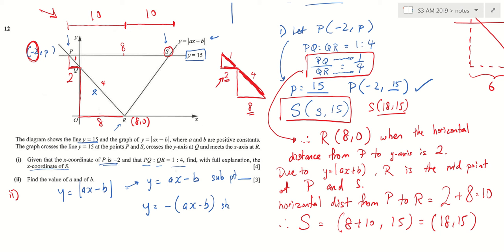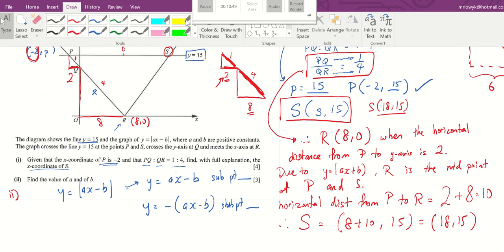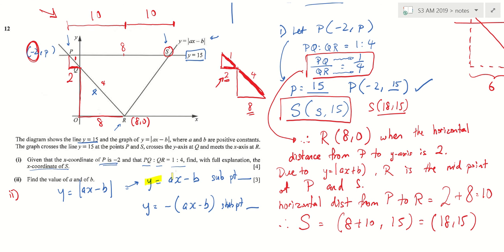For example, which point should you sub inside this equation? Okay, let me color the equation. First, are you able to identify y equals ax minus b? Does it refer to the left arm or right arm? Left. Wrong. Right, because of positive gradient. Of course, the a can be negative, but they say a and b are positive constants.